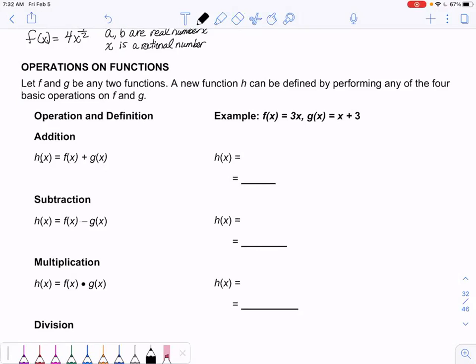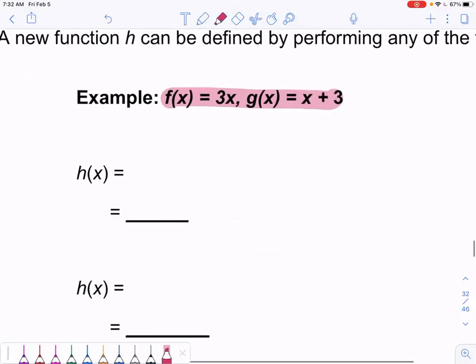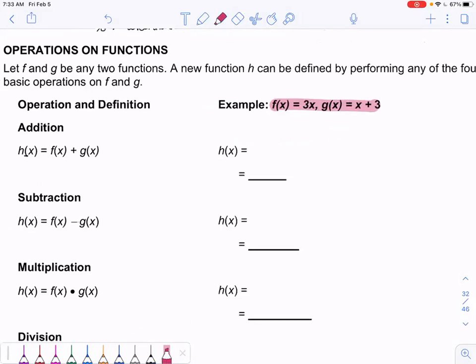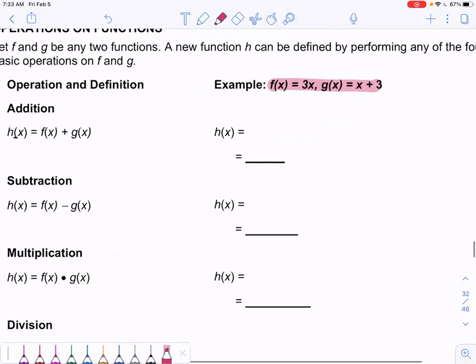So in this example, we are going to use these two functions, 3x for f of x and x plus 3 for g of x. So those are two functions. We're going to perform the four operations to combine them together to create a new function. So the first one is the addition operation.